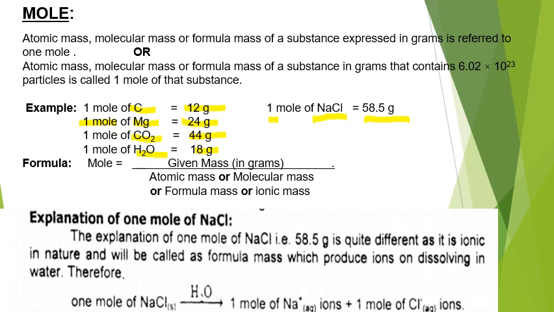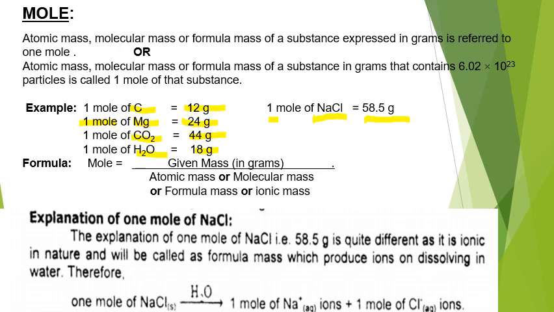Right? Now, how to calculate mole? Here the formula is mentioned. I hope you people are familiar with it. Mole is equal to given mass upon molar mass of the substance. Now this molar mass can be in the form of atomic mass, molecular mass, formula mass, or the ionic mass of the substance. For example, how many moles are present in 10 grams of water?